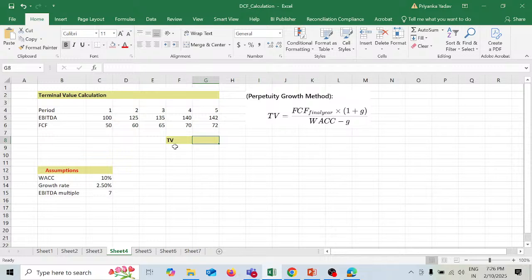Here we will be using the perpetuity growth method. Terminal value is FCF of the final year multiplied by 1 plus G, divided by WACC minus G. G is the growth rate. Okay, let's calculate terminal value here.